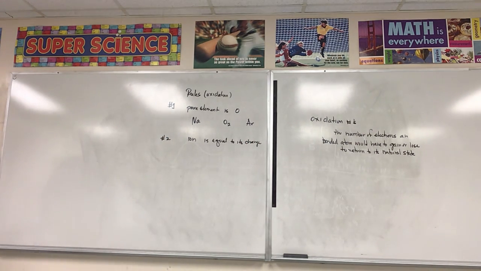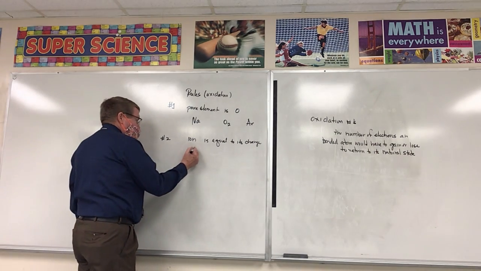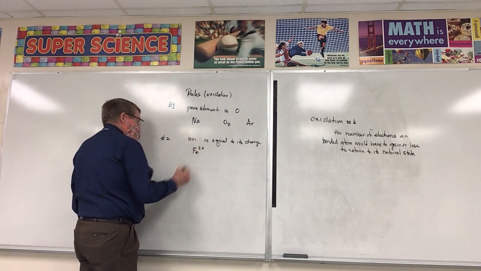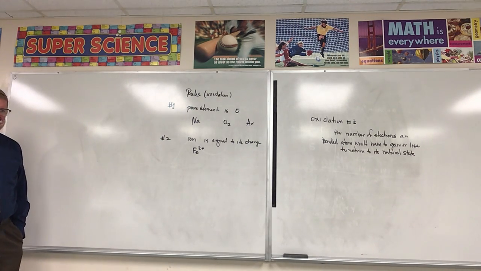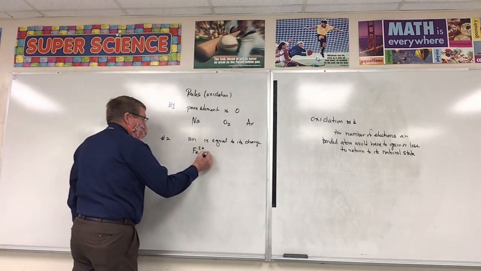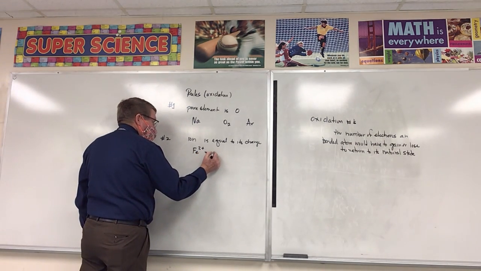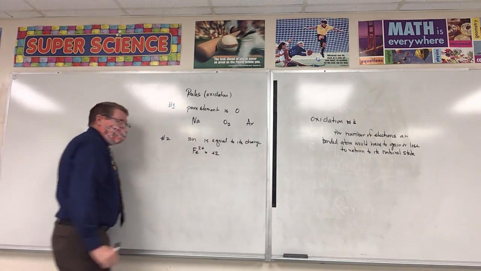Oxidation number of an ion is equal to its charge. So the iron ion, Fe2+, oxidation number is +2.